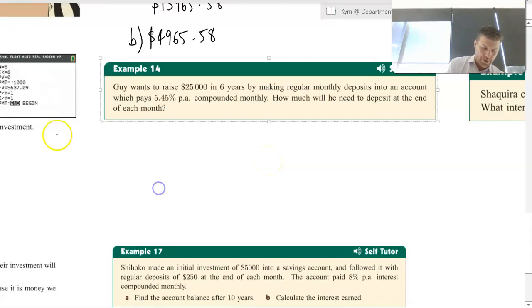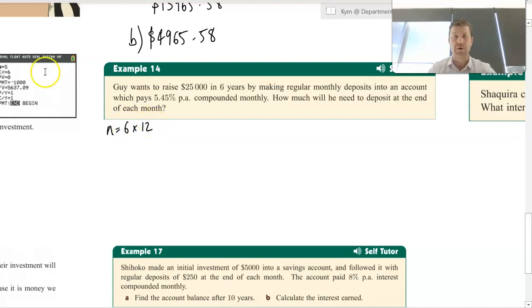All right, we know that the number of compounding periods is going to be 6 times 12, 6 years compounded monthly, so 12 times per year. The interest rate is going to be 5.45%. The present value, again, is going to be 0.